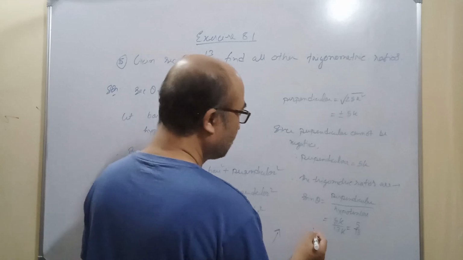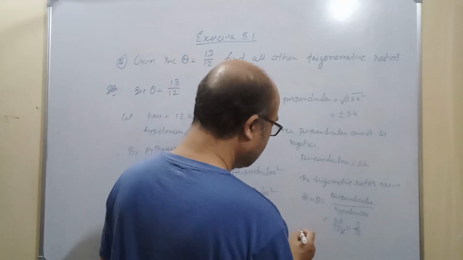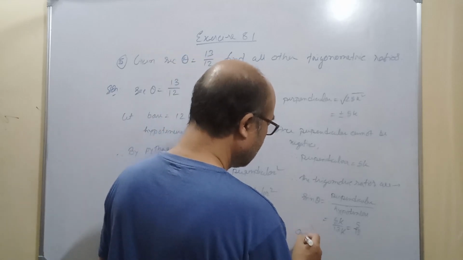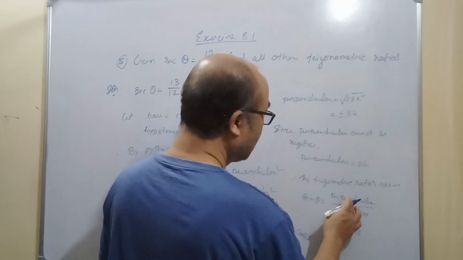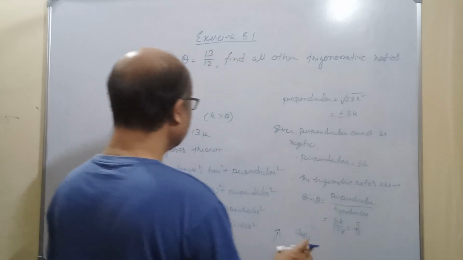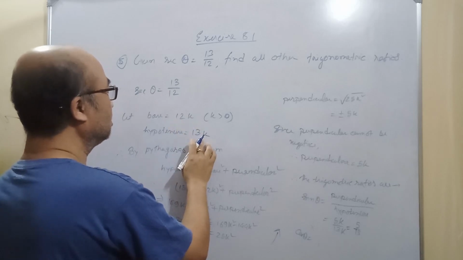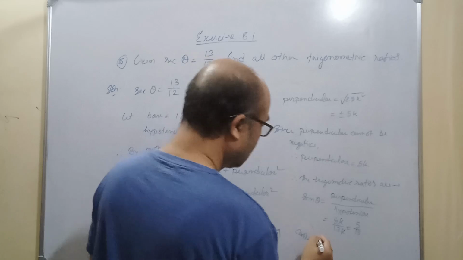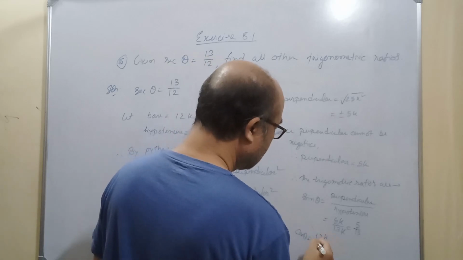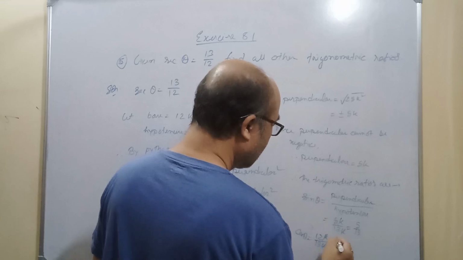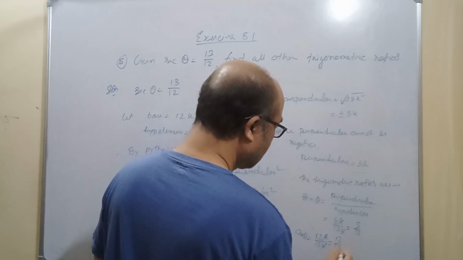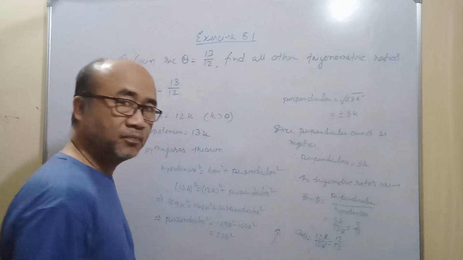Similarly, we can find out cos theta is base by hypotenuse. Base is 12k, hypotenuse is 13k. So cos theta is 12k by 13k. We get 12 by 13 and so on.